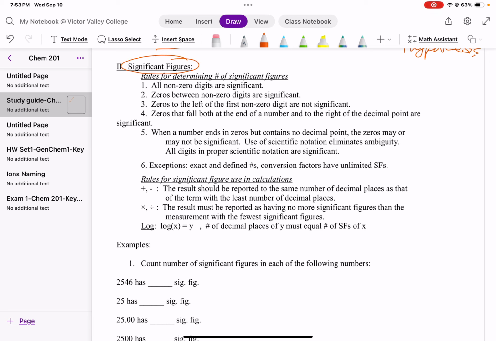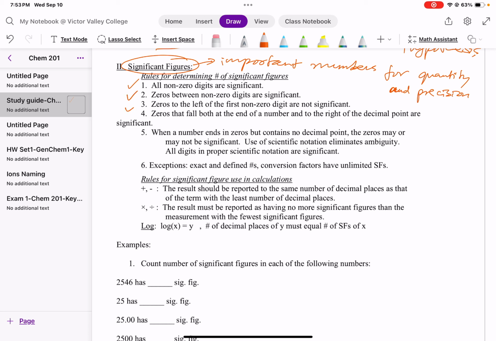So significant figures are the important numbers, for quantity and precision. Now, how do we decide which one is significant? Well, all non-zero digits, rule number 1, are significant, and so on and so forth.